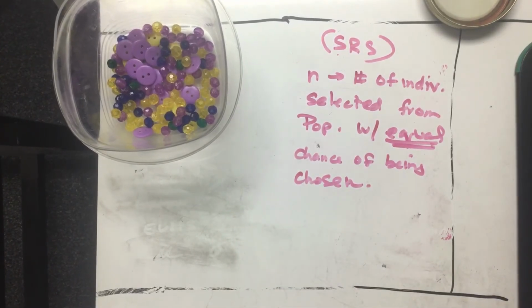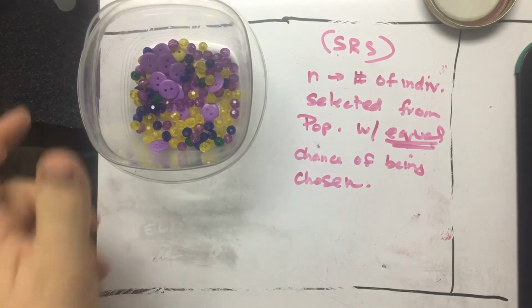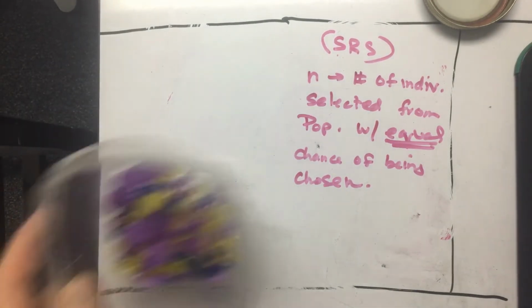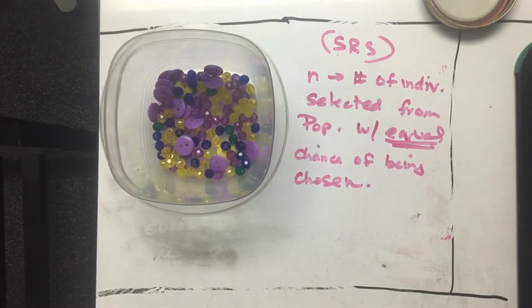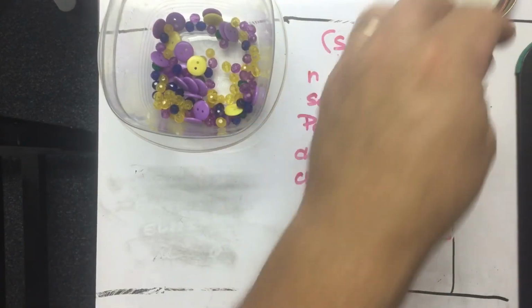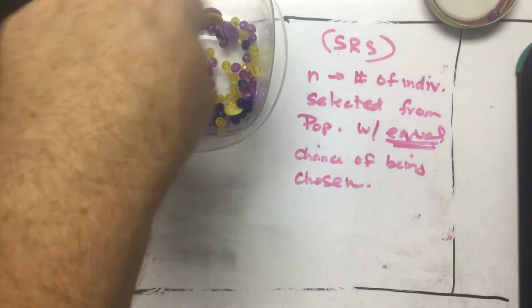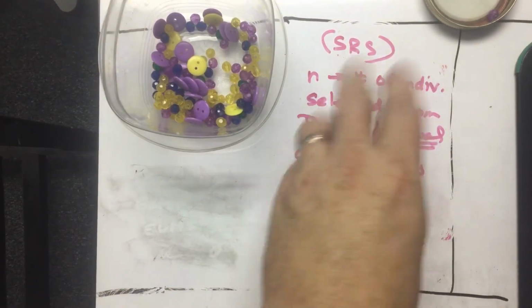So, one of the ways is names in a hat or people in a hat or whatever. If I took everybody's name in EUHS and threw it in here and I didn't look and I just drew one person, everybody had an equal chance of being chosen. That is a simple random sample.